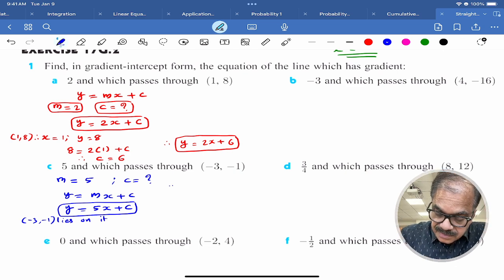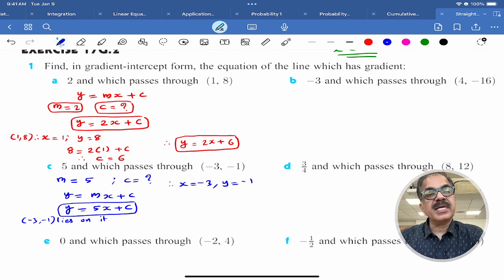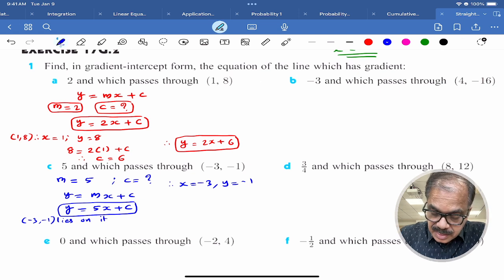Therefore x is equal to -3 and y is equal to -1. So I can now make x as -3, y as -1. So this is going to be -1 is equal to 5 times -3 plus c.